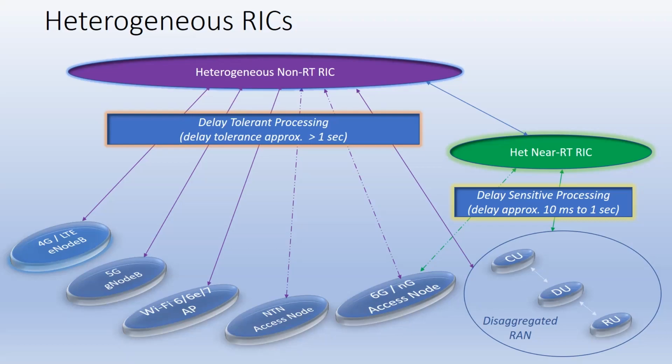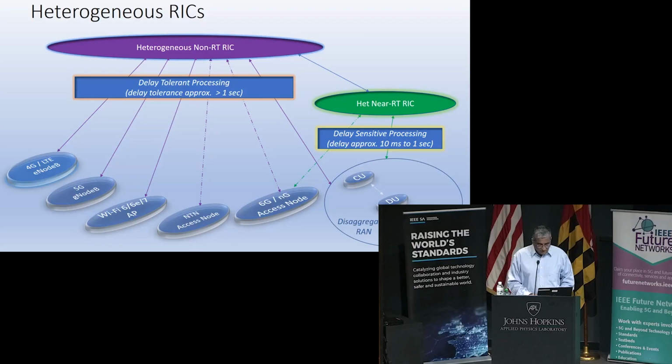Now, this capability that I'm thinking could probably be done in a heterogeneous non-RT RIC to combine Wi-Fi and cellular. What we can think of is some sort of resource optimization across these networks.